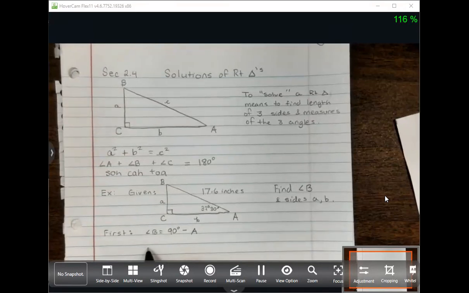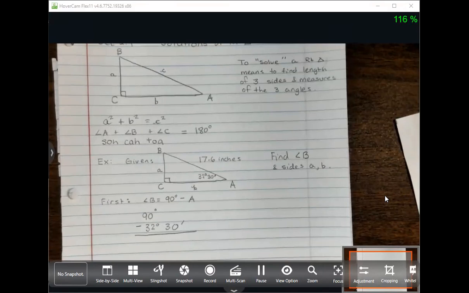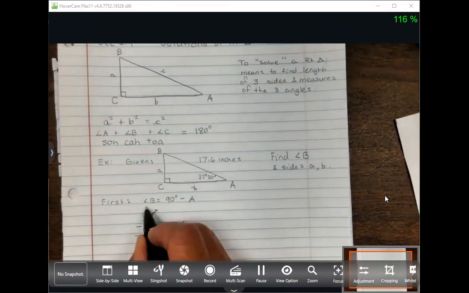So I'm going to take 90 degrees and I'm going to subtract 32 degrees, 30 minutes. So I've got to borrow from here. I take one of the degrees away.